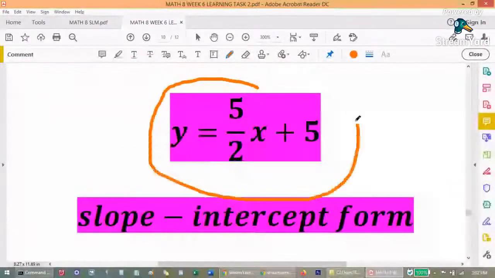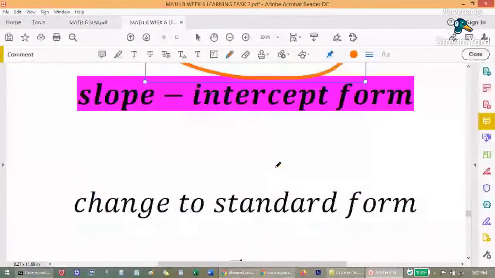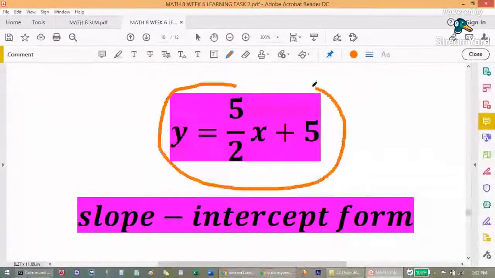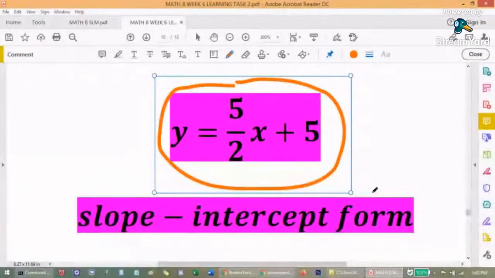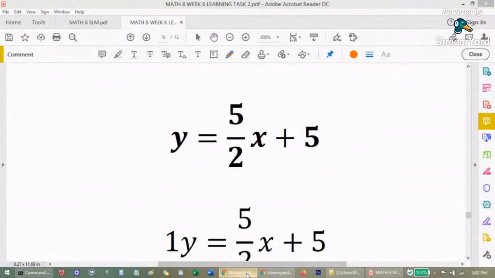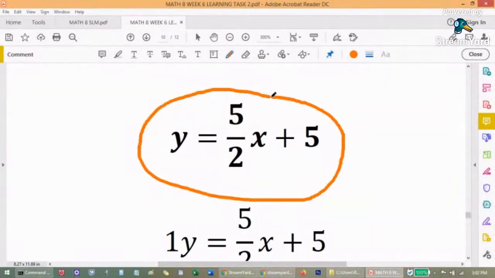Y is equal to 5 over 2x plus 5. Y is equals to 5 over 2x plus 5. Okay, yan ang kokopyahin natin. Y is equals to 5 over 2x plus 5.